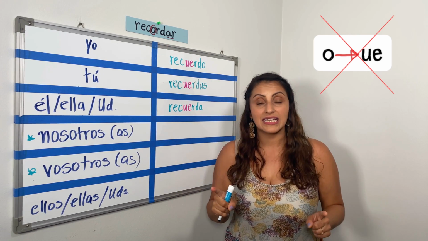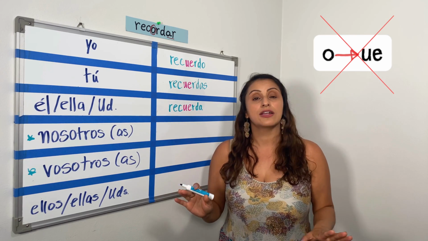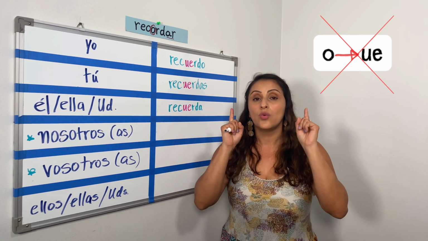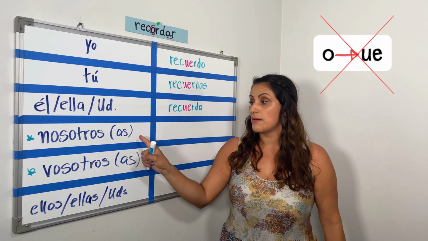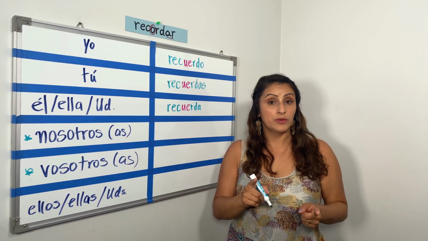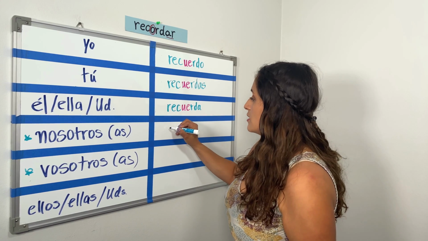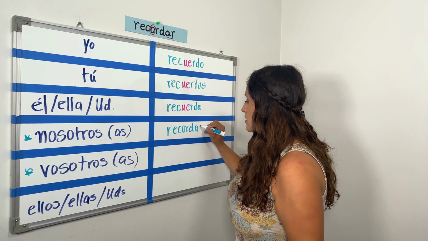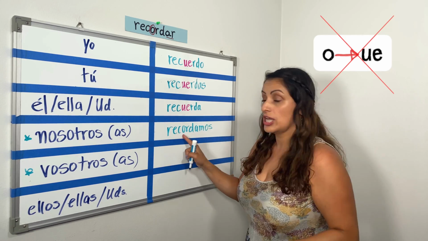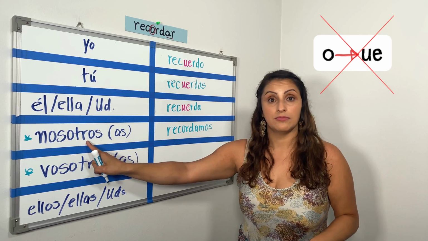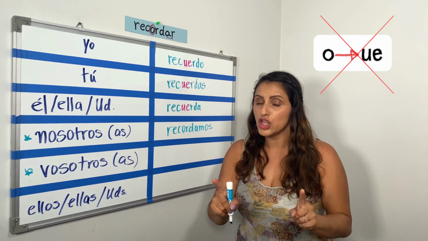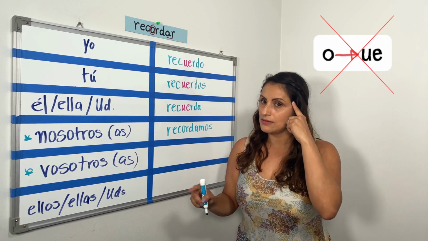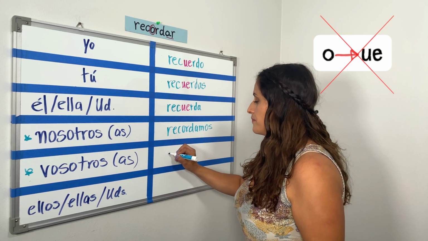When we're conjugating stem changers, it doesn't matter which kind, whether they're E to IE or O to UE, we are not changing the stem in nosotros and vosotros. So we would go ahead and treat it like a regular verb. We do not change the stem because we're talking about nosotros. And there is no stem change in nosotros or vosotros. So keeping that in mind, let's do vosotros.